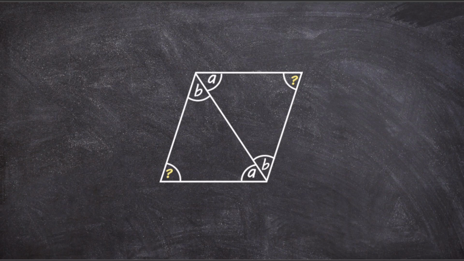Notice that the diagonal line has split the parallelogram into two triangles. I'll highlight one of them. The angles in the blue triangle are A and B and the unknown angle. So the sum of A plus B plus the unknown must be 180 degrees. But if you look at the white triangle, it has the angles A, B and the unknown. So A plus B plus the unknown must add up to 180 degrees.